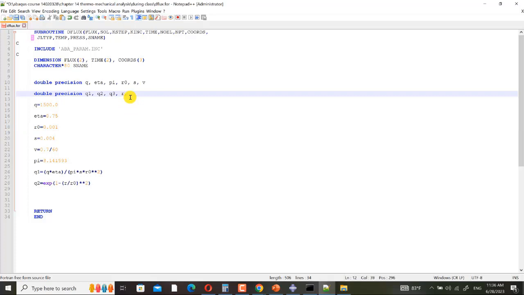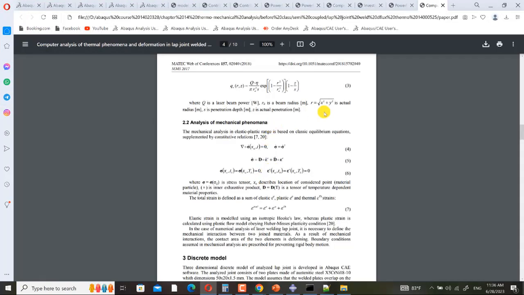So I must also define R, X, Y, and Z. Okay, also Z. Oh, sorry, yes, also I must define Z. R is the square root of X to the power of 2 plus Y to the power of 2.